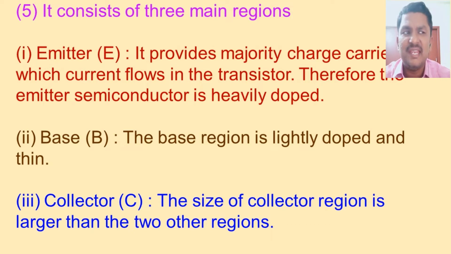And collector is moderately doped and the size of collector is larger than that of base region and emitter region. Okay, next.